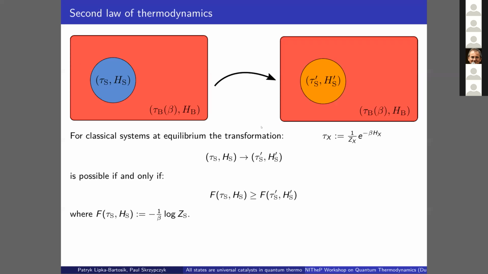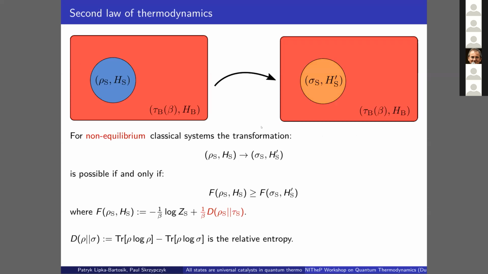So this reasoning can be generalized to states which are out of equilibrium. And in that case, the second law can now be written using the so-called non-equilibrium free energy, which essentially generalizes the Helmholtz free energy with a term which is just the relative entropy of the system given its respective thermal state.